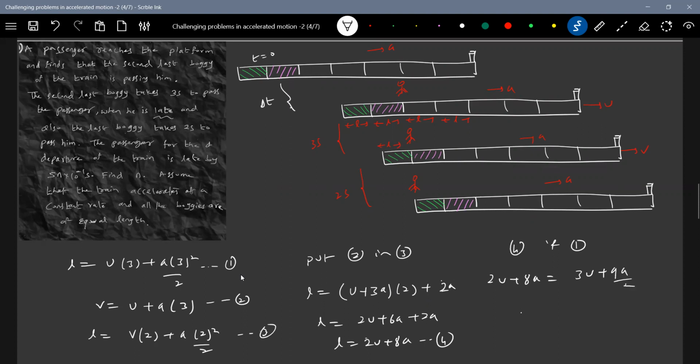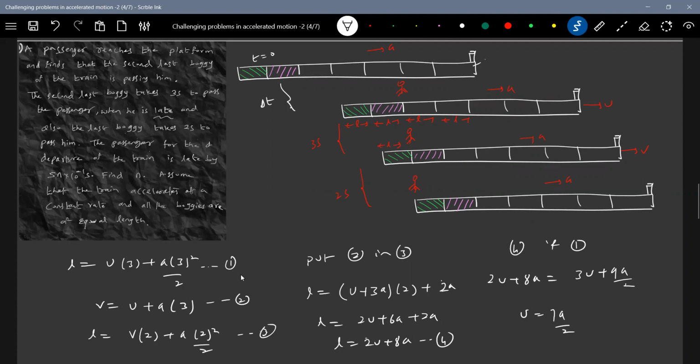Solving this, I'll get the relation between u and a, which is u equals 7a by 2. We have to calculate that delta t.